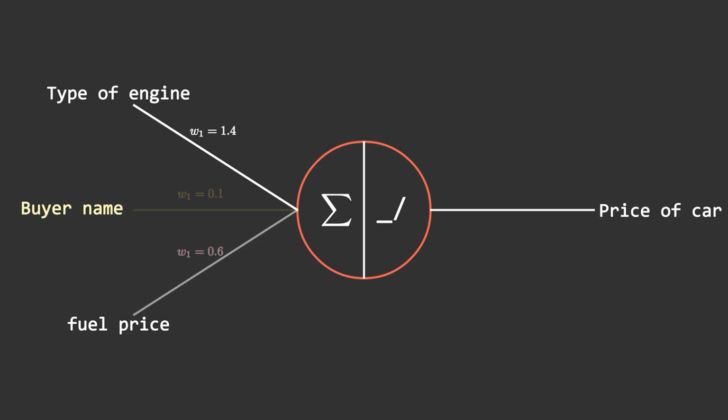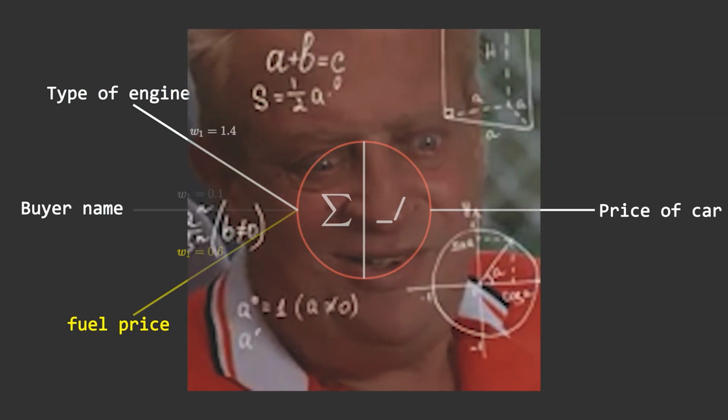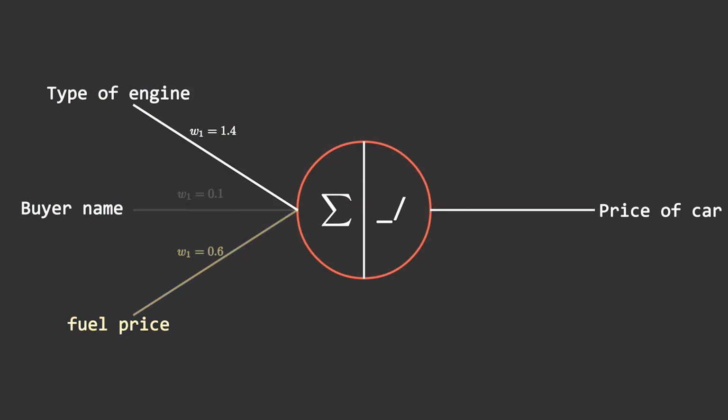The last is the price of fuel, which our model has given a value intermediate between the above two because it indirectly affects the price of the car, but not that much. After all, the more the price of fuel, the lesser the demand for cars and the less will be the price of cars. Something like that. That's why weights are essential to tell the importance of an input.